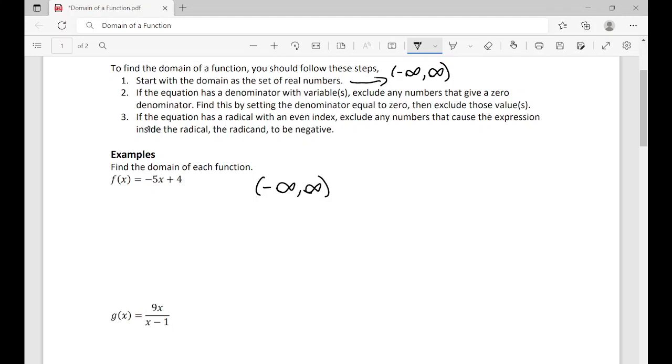Now 3. If the equation has a radical with an even index, this has no radical, thus no need to worry about an even index. Since 2 and 3 don't really matter in this function, we can say that the domain is negative infinity to positive infinity, and we don't have to do anything else.